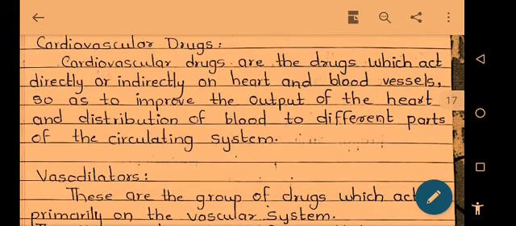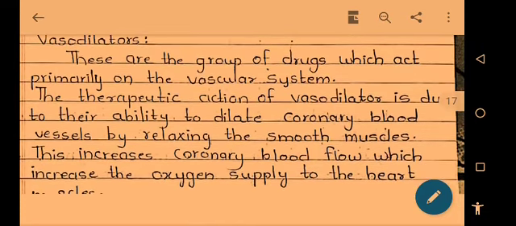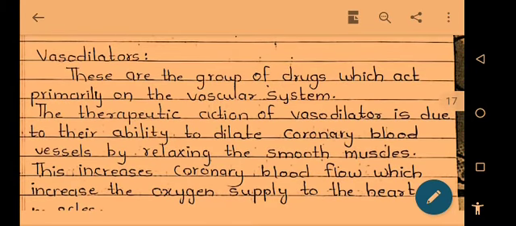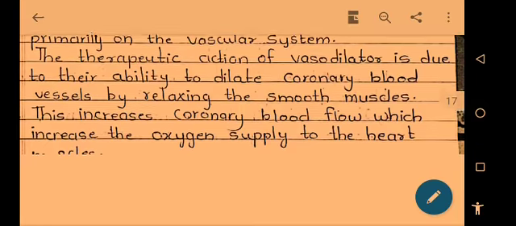The cardiovascular drugs are the drugs which act directly or indirectly on the heart and blood vessels so as to improve the output of the heart and distribution of blood to different parts of the circulatory system. Vasodilators are a group of drugs which act primarily on the vascular system. The therapeutic action of vasodilators is due to their ability to dilate the coronary blood vessels by relaxing the smooth muscles. This increases the blood flow, which increases the oxygen supply to the heart.